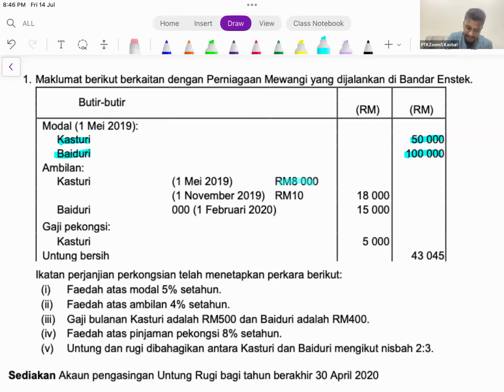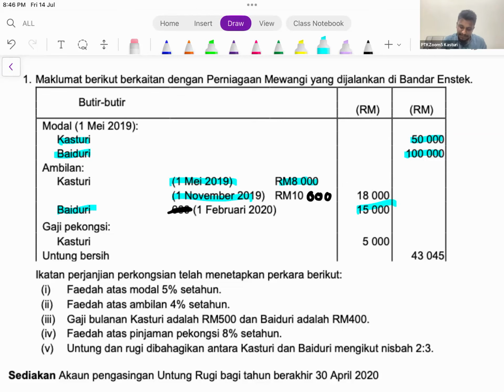Ambilan Kasturi is 8,000. Kasturi ada ambil 2 kali. Satu adalah 1 Mei 8,000 dan 1 November 10,000, so total is 18,000. Bayi Duri diambil 15,000.